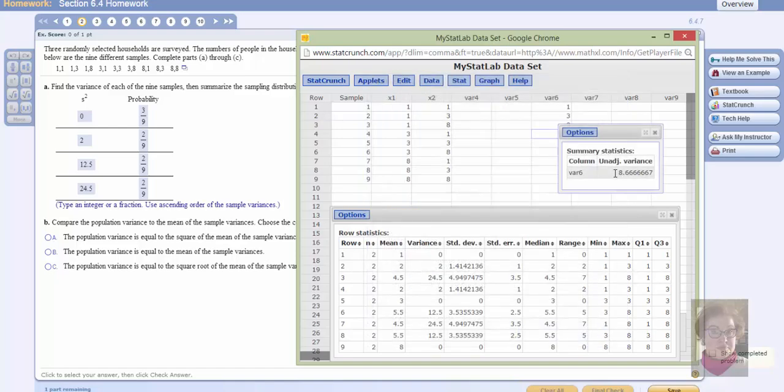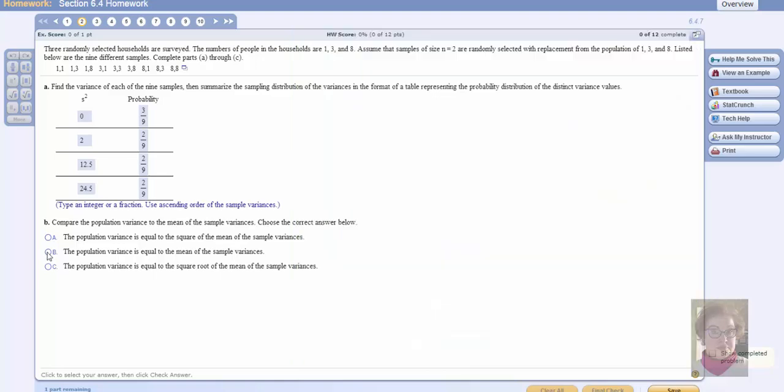And there is our population variance, 8.67, and I'm going to tell you it is exactly the same as the mean of your sample variances. So you can say the population variance is equal to the mean of the sample variances.